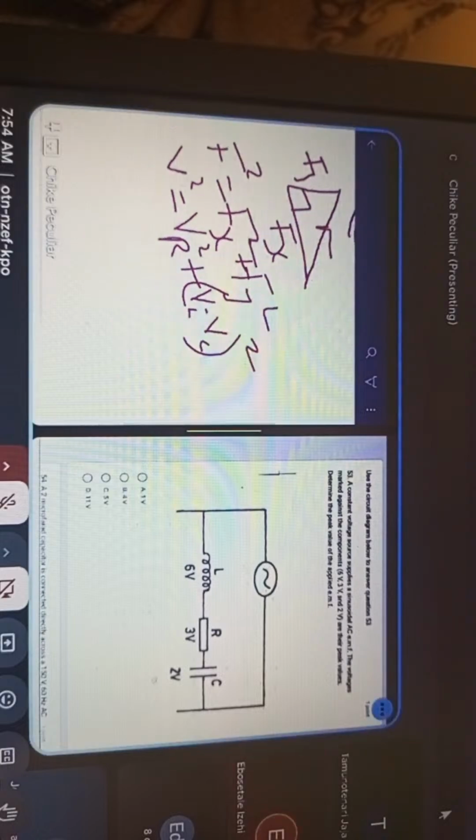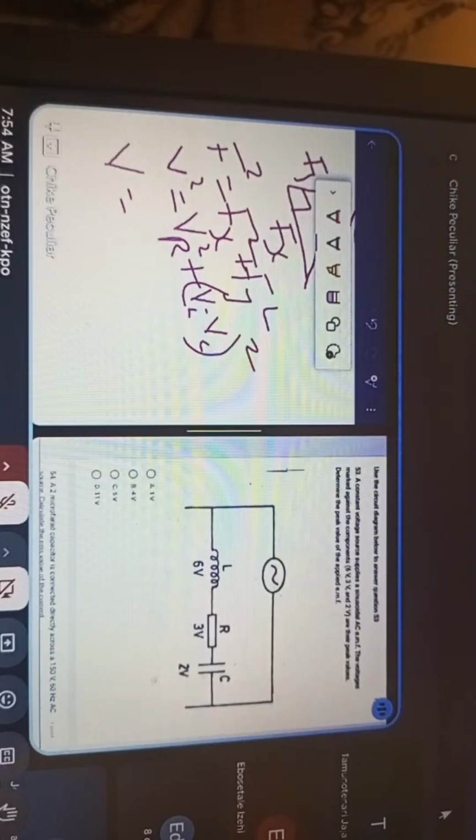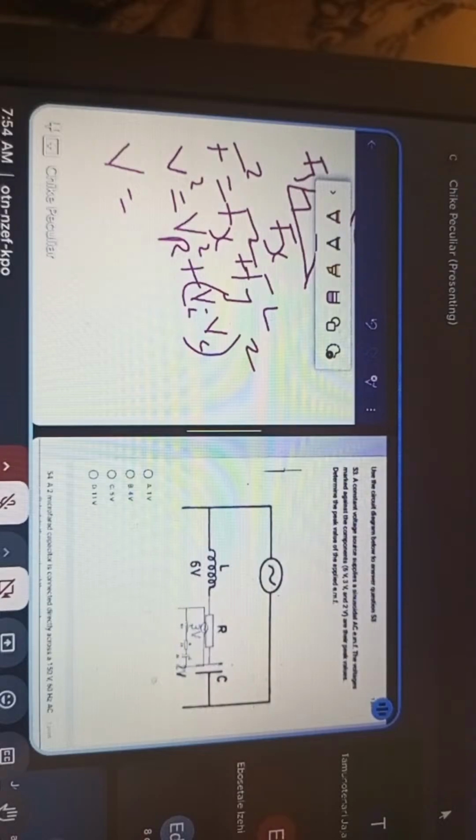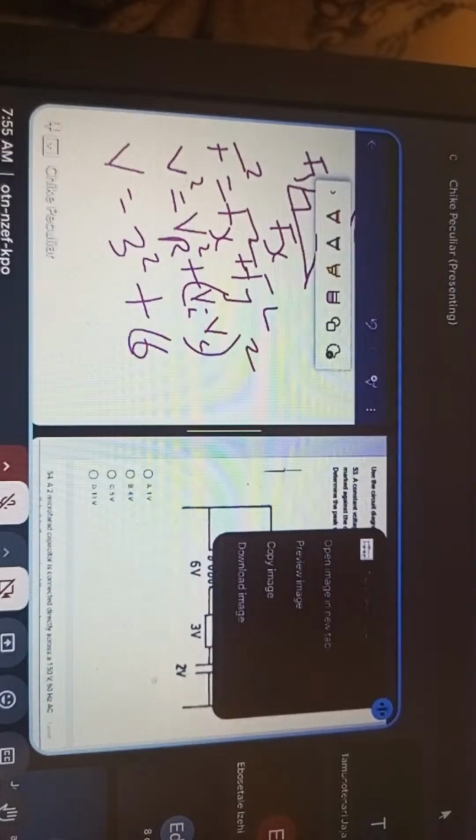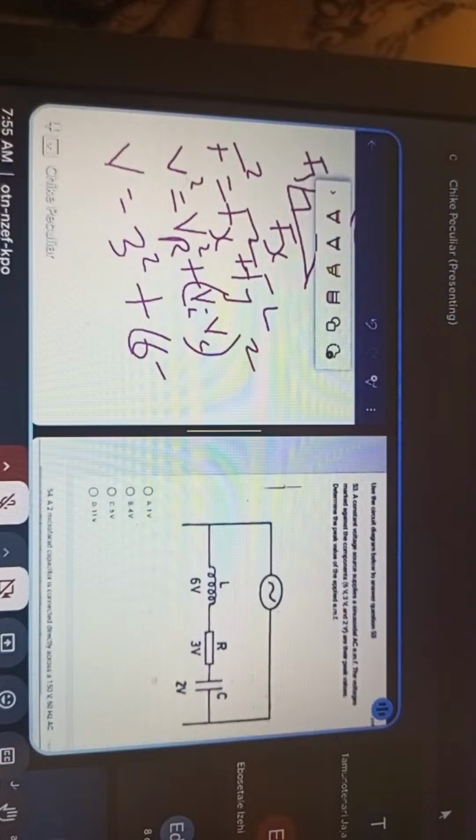So effective voltage. Okay, what's the voltage flowing through the resistor? From the diagram, you can see 3 volts. So the voltage flowing through the resistor is 3 volts. Square it, plus the voltage flowing through the inductor, which is 6, minus the voltage flowing through the capacitor, which is 2.